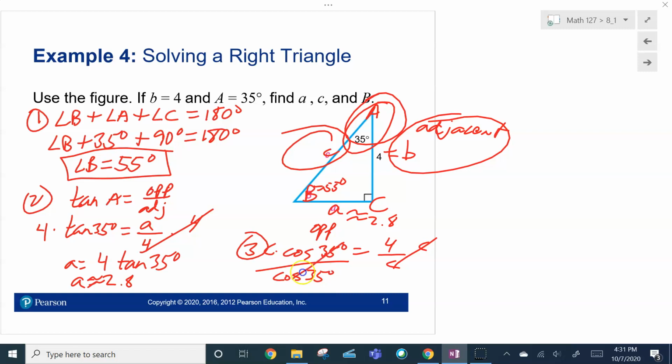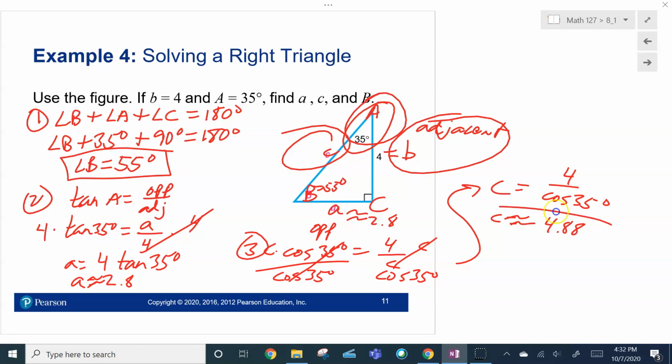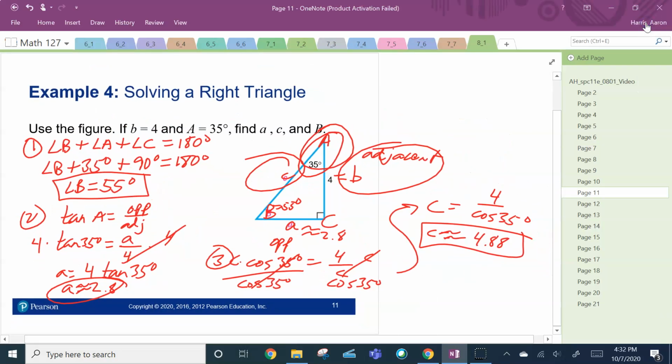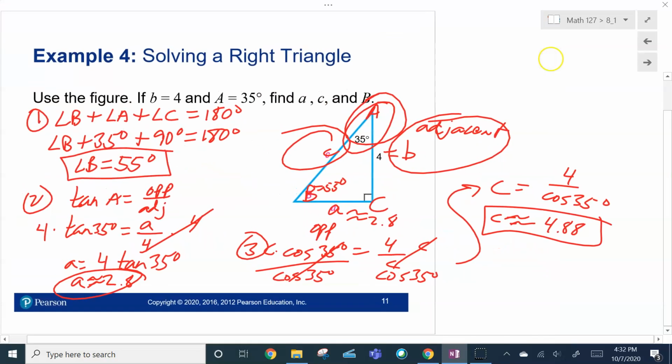Remember that cosine 35 degrees is just a number. So c ends up being 4 divided by cosine 35 degrees. So c ends up being 4.88. Okay.